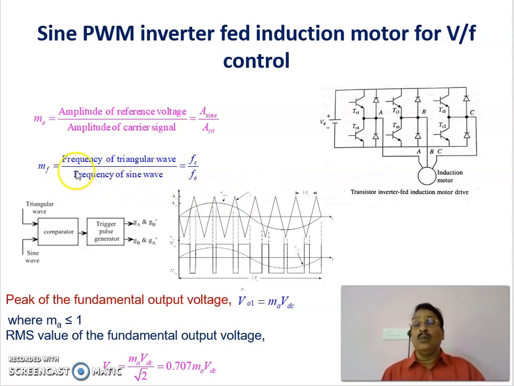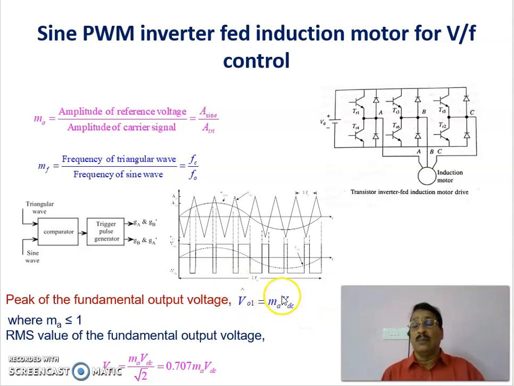Similarly, one more parameter is the frequency modulation index, MF. That is the ratio of the frequency of the high frequency triangular signal to the frequency of the modulating signal. Now, how is the output voltage related to these parameters? The peak of the fundamental output voltage, VL1, is equal to MA, the amplitude modulation index, times the DC bus voltage VDC.